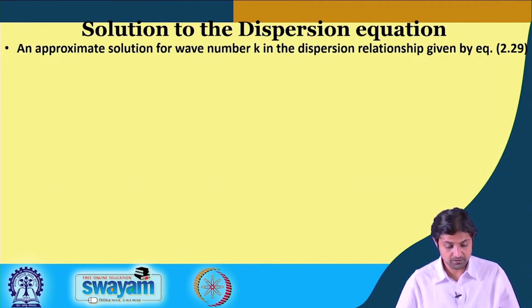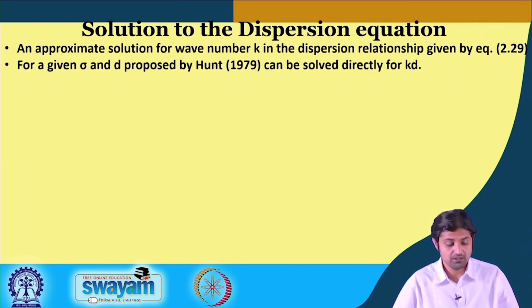There is one last thing before the end of this lecture. I have included it in the slide, but it does not have any significance for this particular course. You see the dispersion relationship, I said there are two solutions: one is using the wave tables and the second is trial and error. But some scientists like Hunt came up with a direct solution for kd.